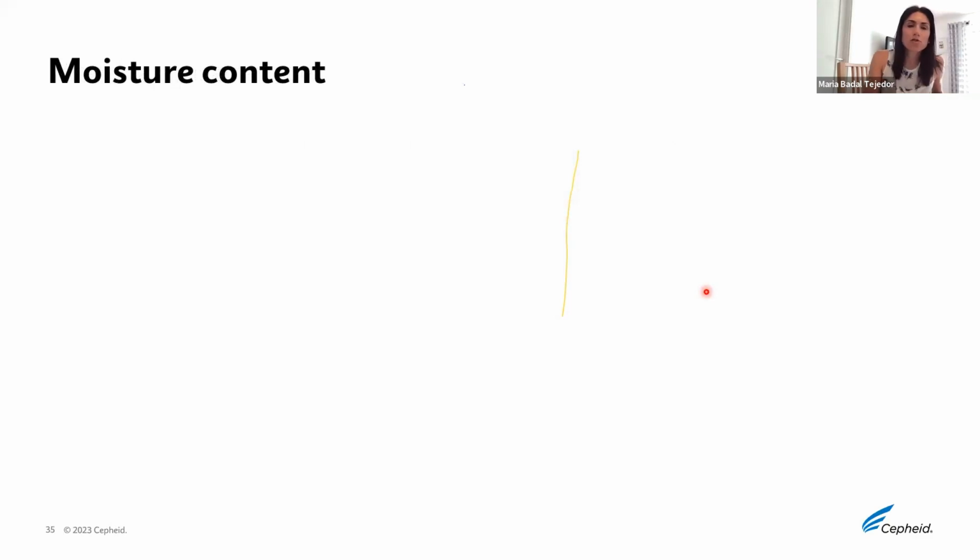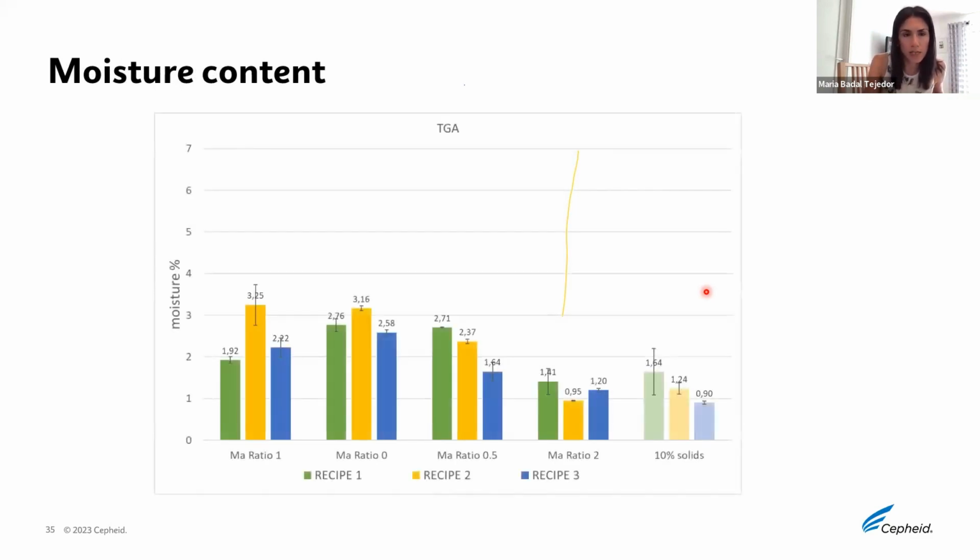It's important also to look at the moisture content. For stability reasons, we want the bead to be as dry as possible. In some of the cases, the moisture was relatively low. For some others, it was a little bit high.